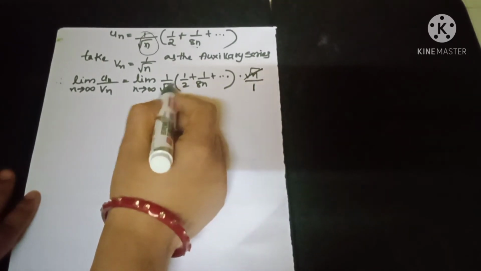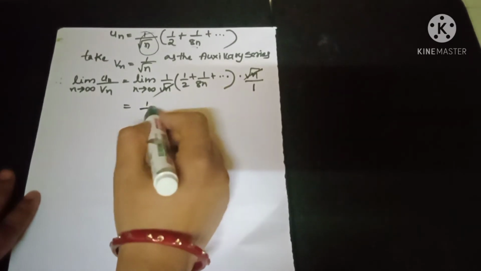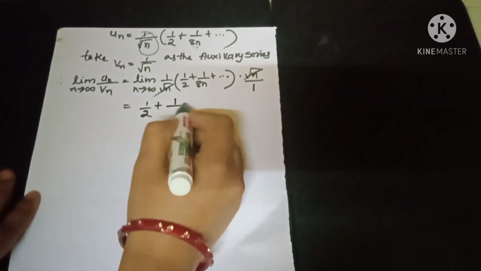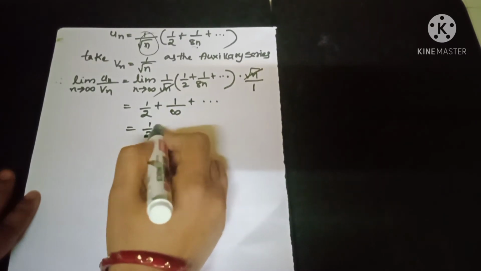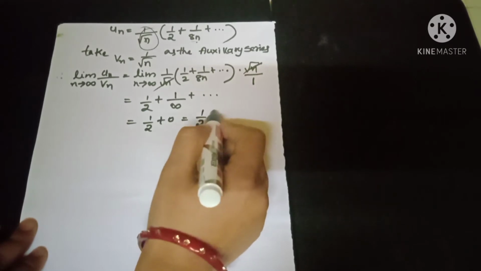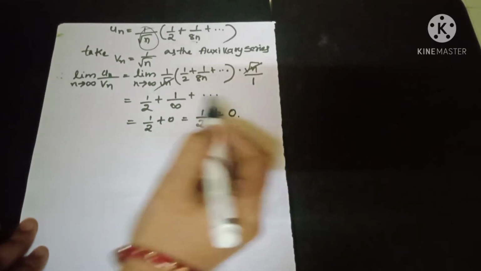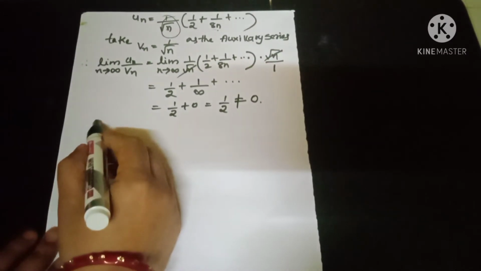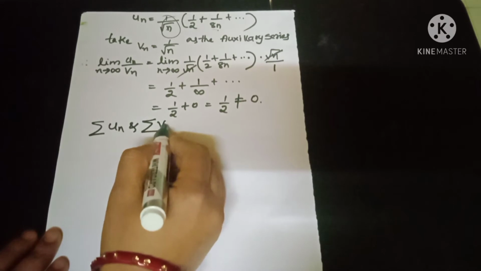Root n cancels with the denominator root n, and after we apply the limit we get 1 by infinity etc. This will be 1 by 2 plus 0. This is equal to 1 by 2, and this is definitely a finite term and it is not equal to 0.